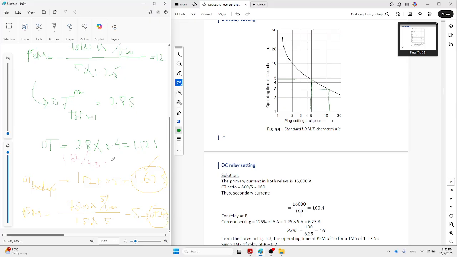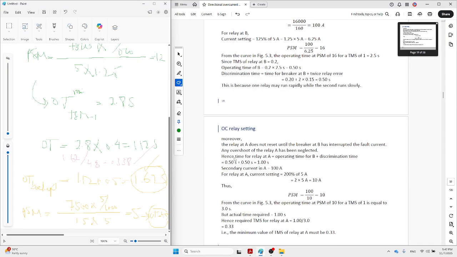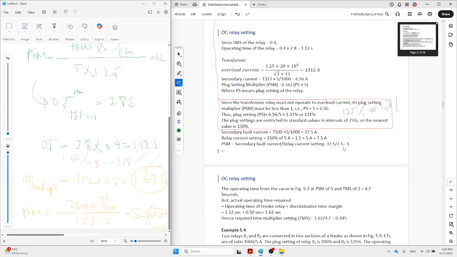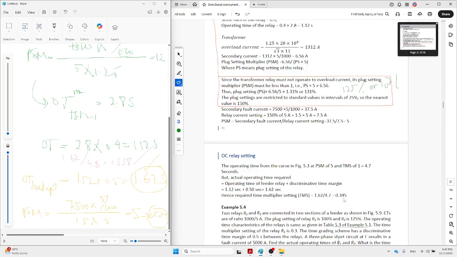So the TSM comes out as 0.337, so I assume it's 0.338. Done. What is the value selected here? 0.345. Because the value selected based on the graph is a bit different, but the answer is acceptable for both.